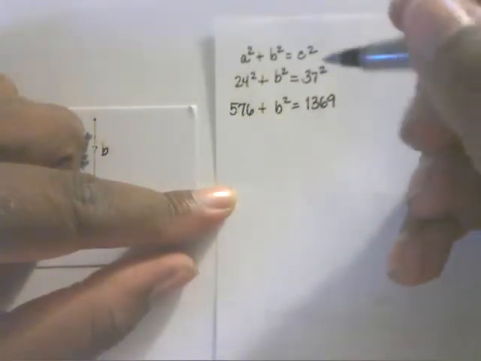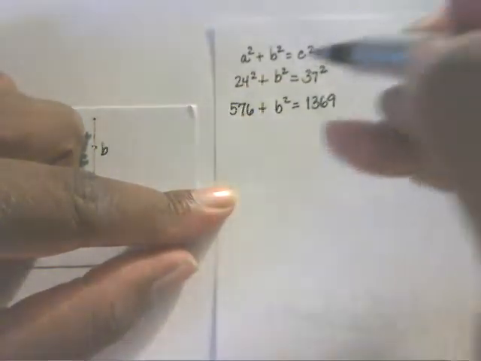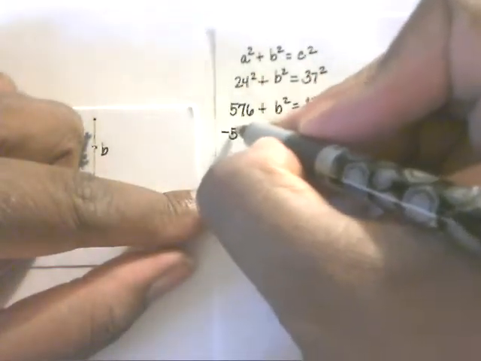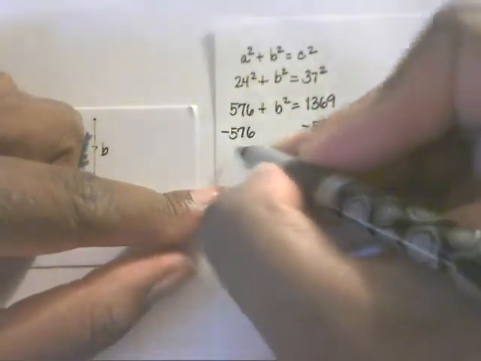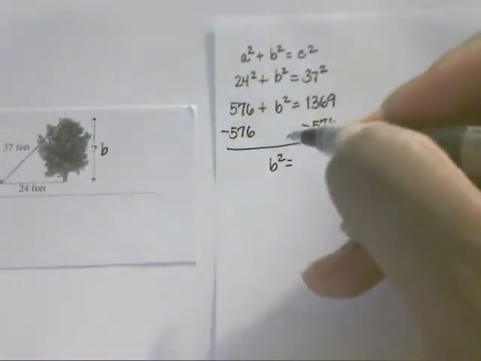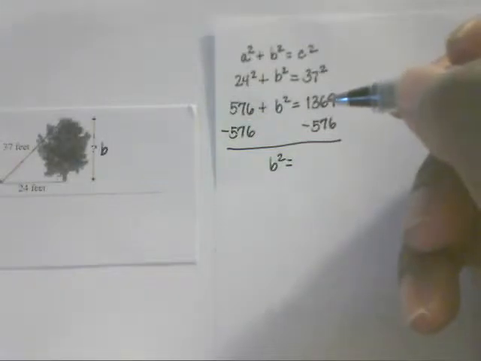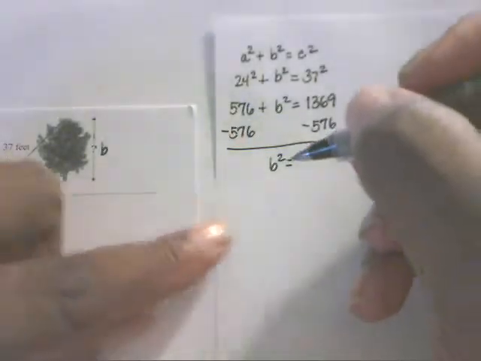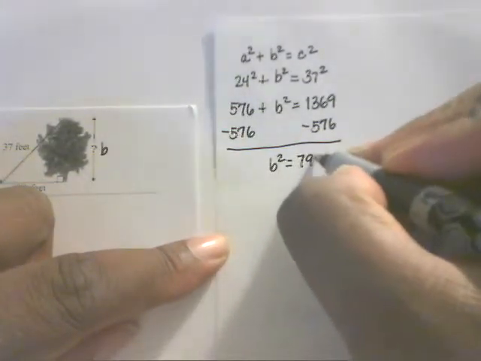Okay, so now, to get that B squared by itself, we need to subtract 576 on both sides of this equation. So now B squared is going to be equal to 1369 minus 576. That will give you 793. So B squared is equal to 793.